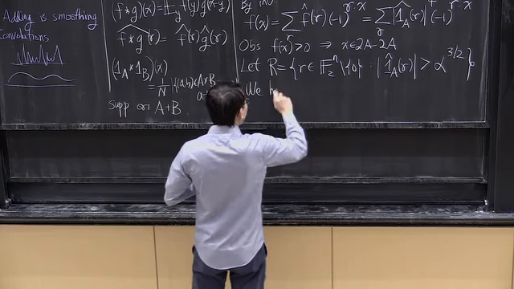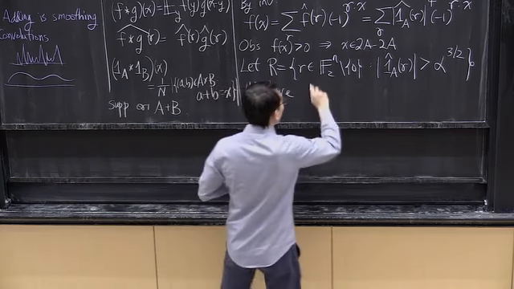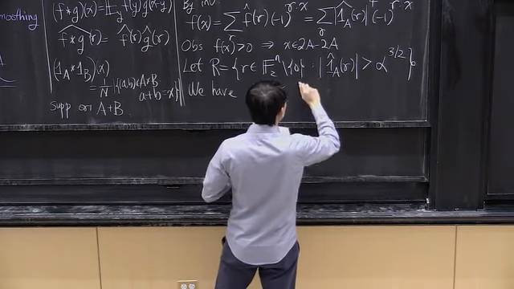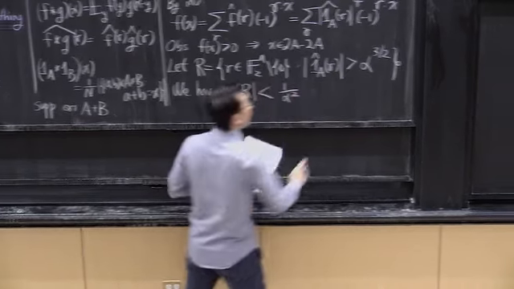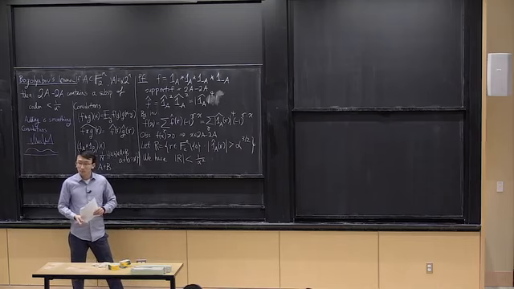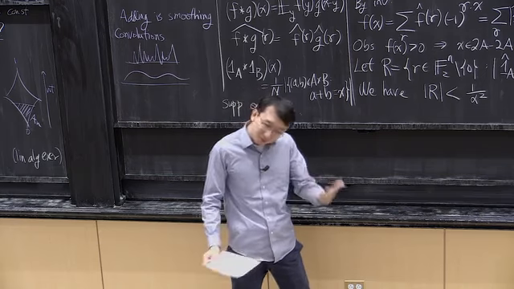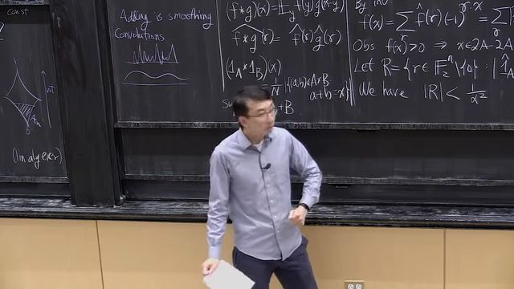First, R is not too large. The size of R is, I claim, less than 1 over alpha squared. Why is that? This is an important trick that we've seen a few times before.